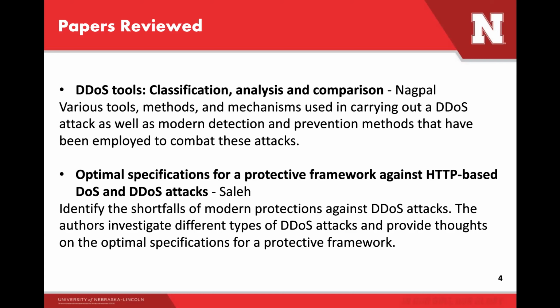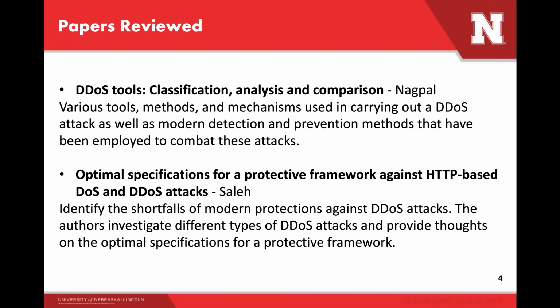Due to the nature of DDoS attacks and their widespread use and the different approaches that attackers use to carry out these attacks, there is not a catch-all solution to defend against them. So there are lots of different options out there for defending. And so in this paper, the author goes through different types of attacks and different ways to defend against those attacks, and formulates an idea of what the ideal solution would look like.